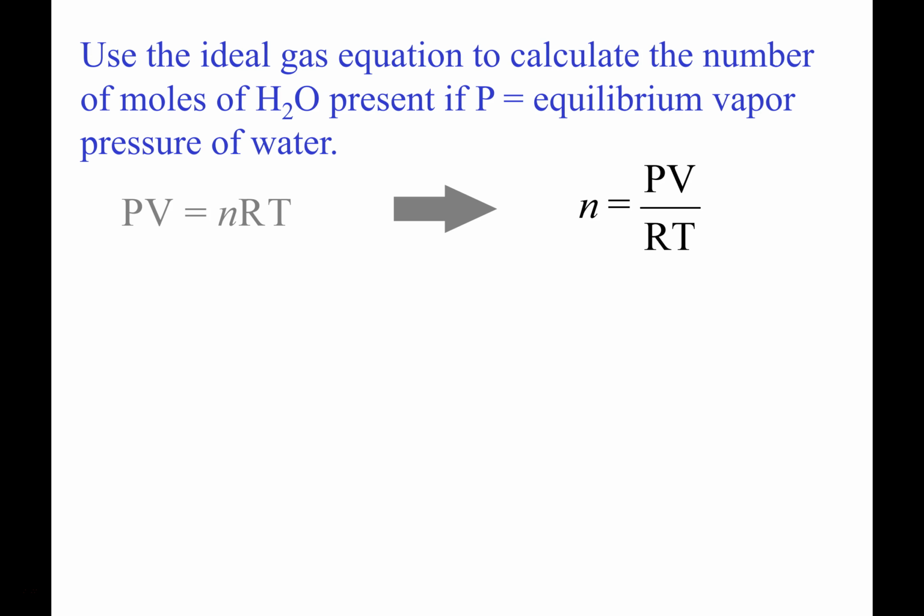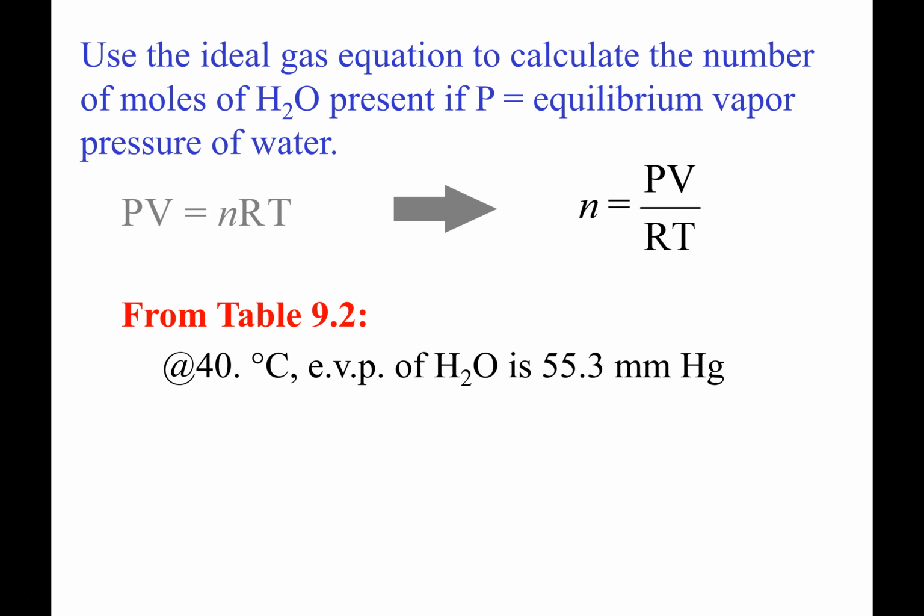So we're going to have to convert the pressure to atmospheres. See, I'm back to 40. The sheet I gave you says in terms of torrs, which is equal to millimeters of mercury, you're looking at 55.3. I need to convert that to atmospheres to use the R that I've been using. So it looks like this.